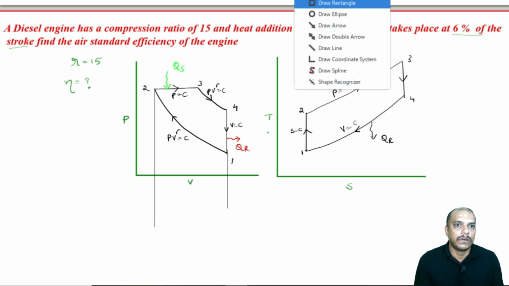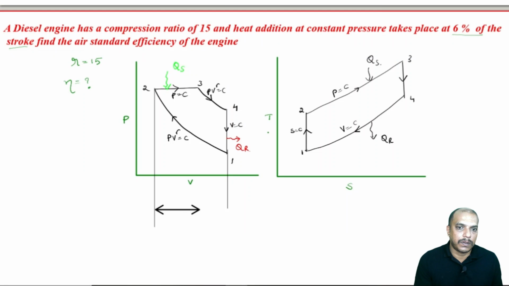This is what we call the stroke. So, therefore, this stroke is Vs, that is equal to V1 minus V2.